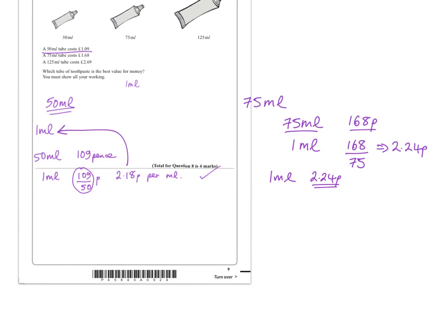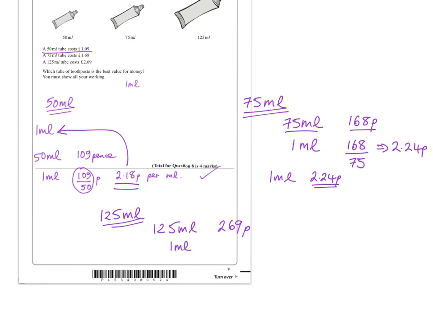Our first type, our 50 ml toothpaste, that was, don't forget, 2.18p per mil. Now, last of all, we want to look at the 125 millilitre toothpaste, and we know that 125 millilitres was £2.69 or 269p.